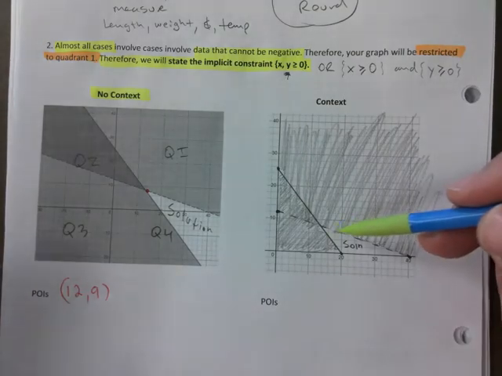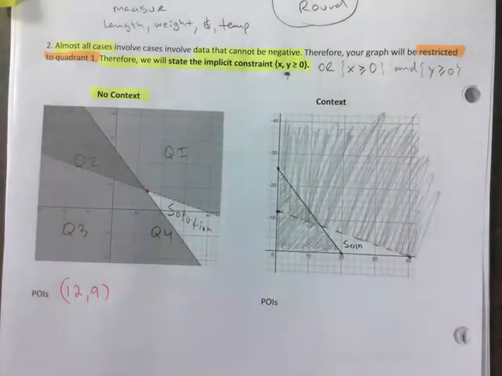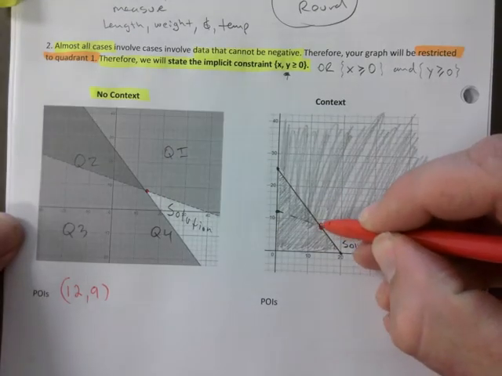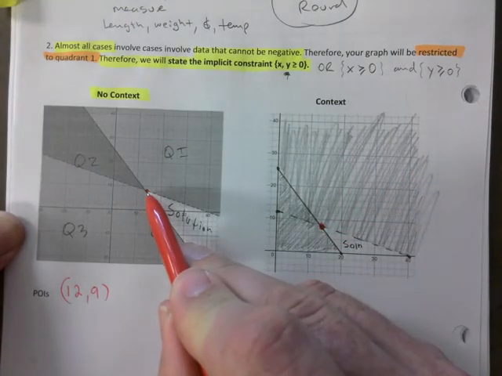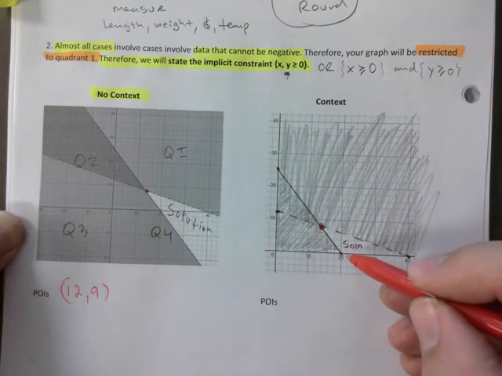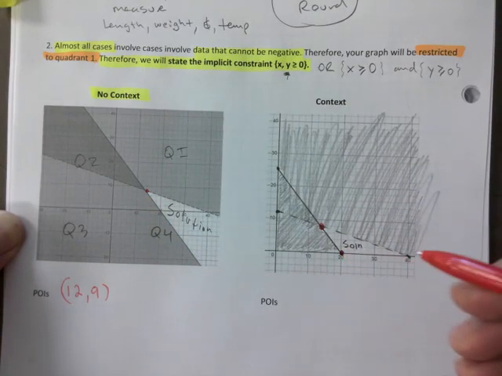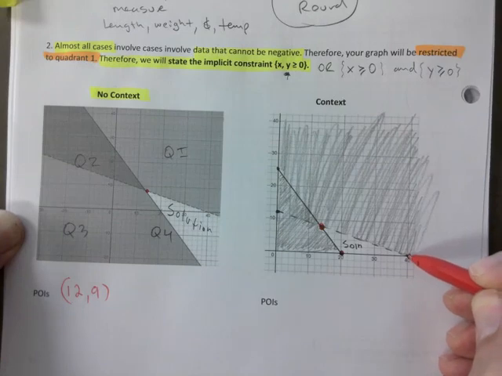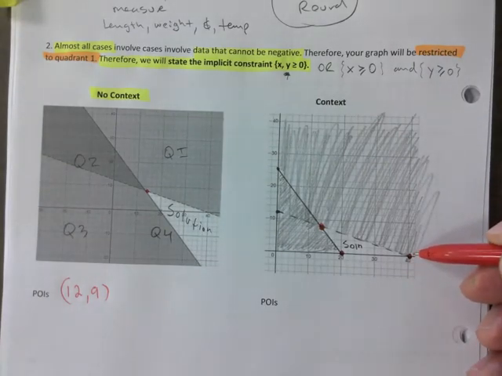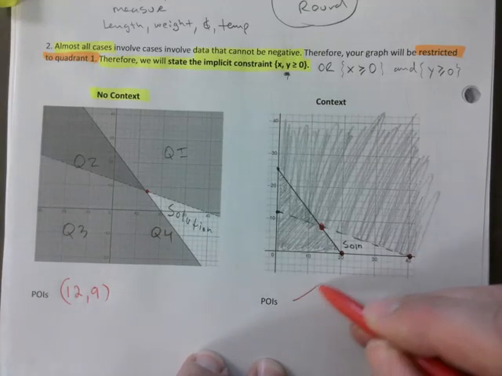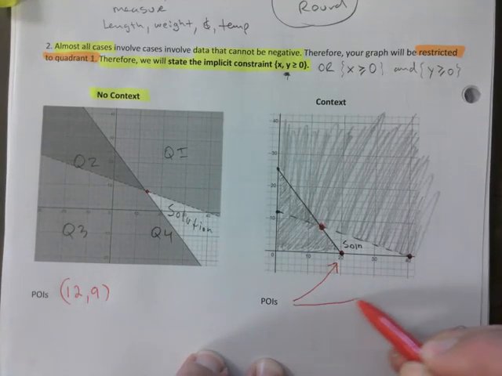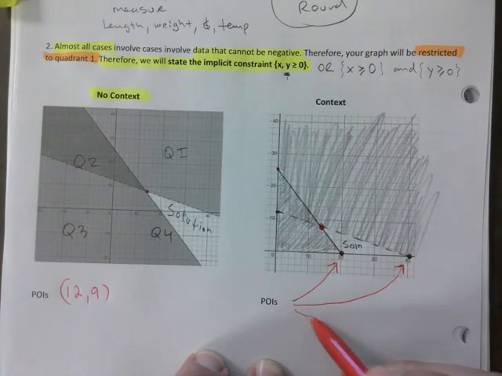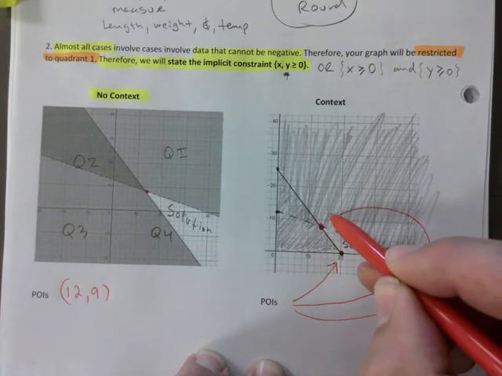How many POIs do you think this one will have? It's the same. This one is still there. This one is still with us. But now we also count where it crosses the x-axis, or where it touches the x-axis. Those are also POIs. So POIs is 1, 2, and 3.